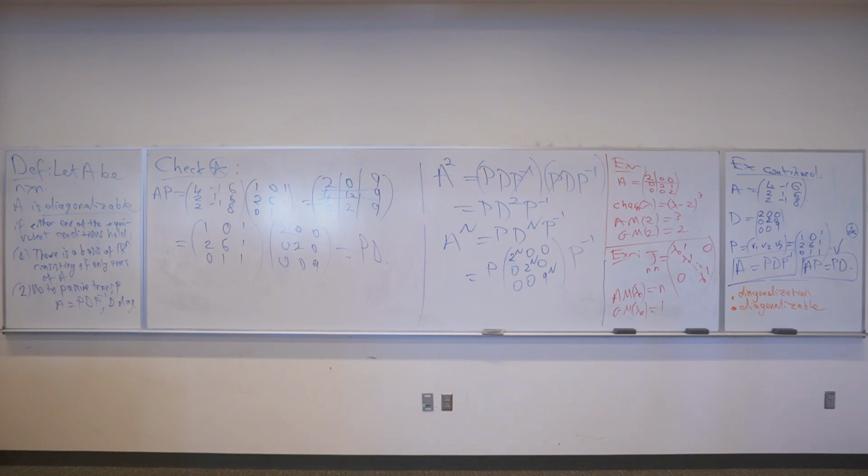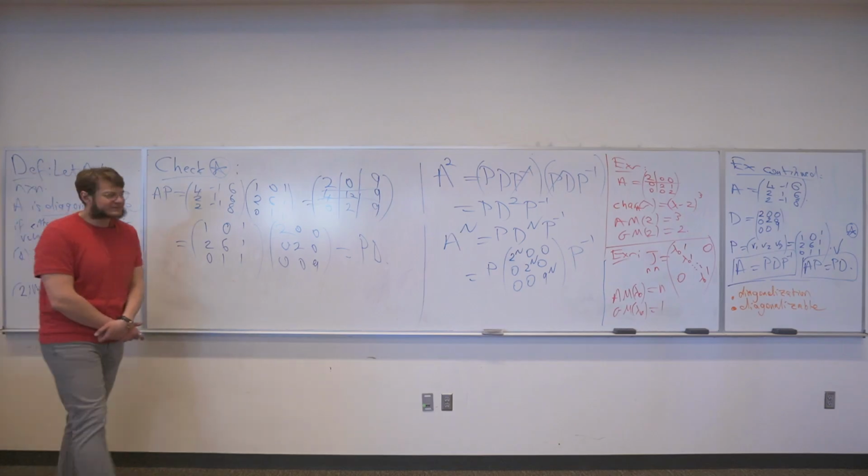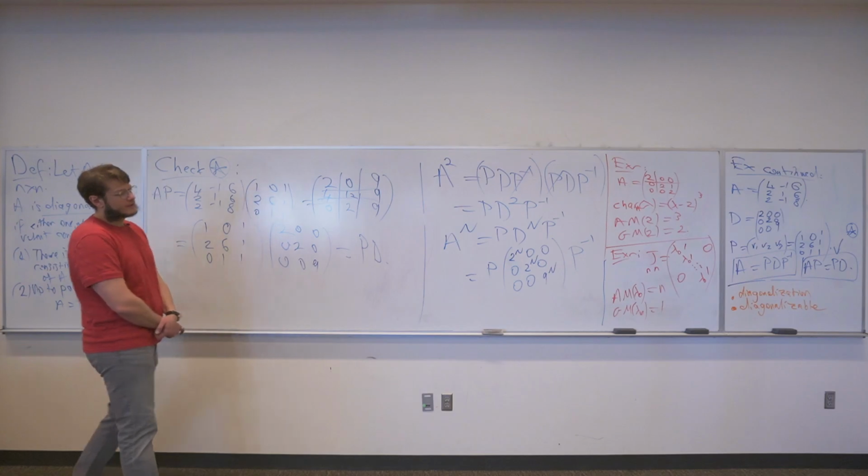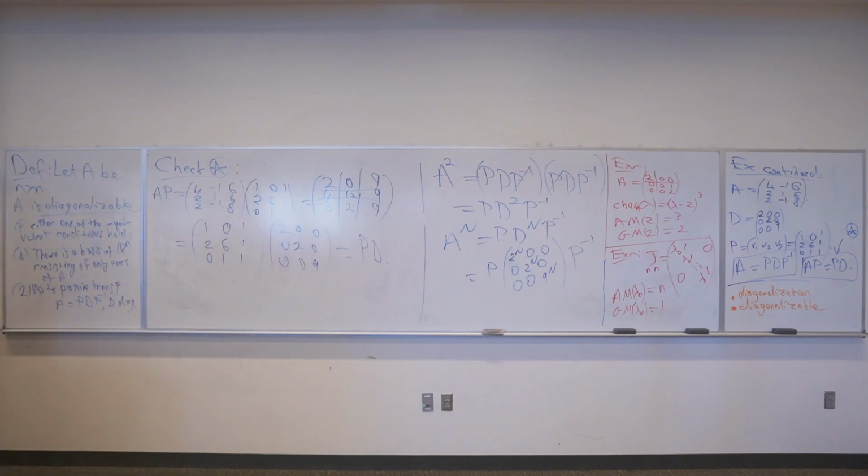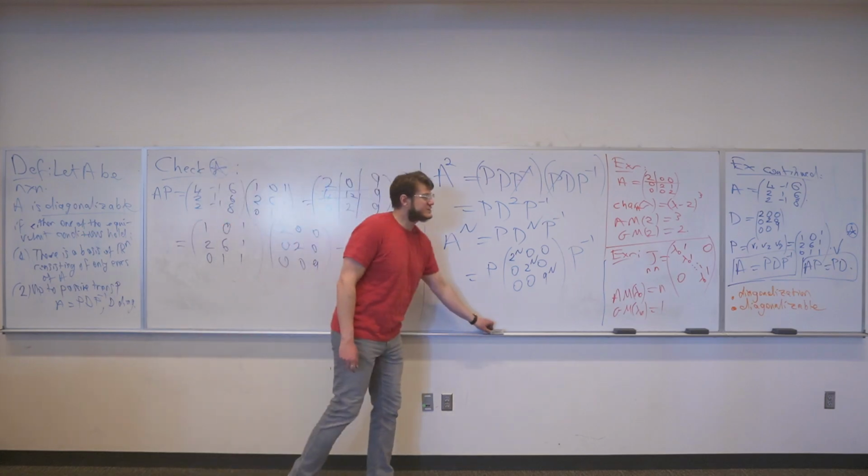Now, the final type of complication that we would need to discuss is this business with complex eigenvalues. Let's just give one example.